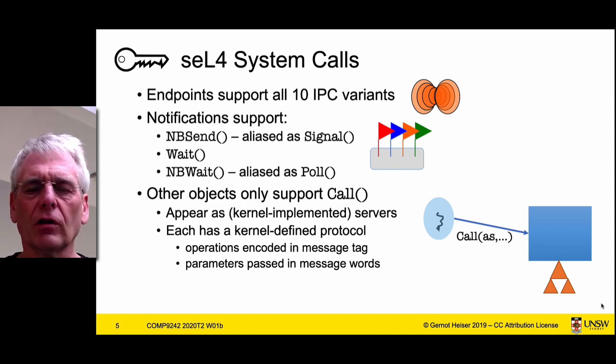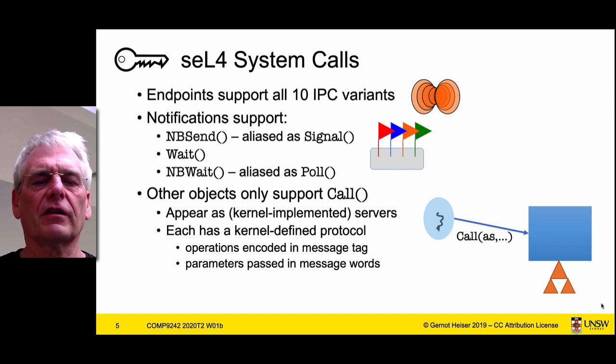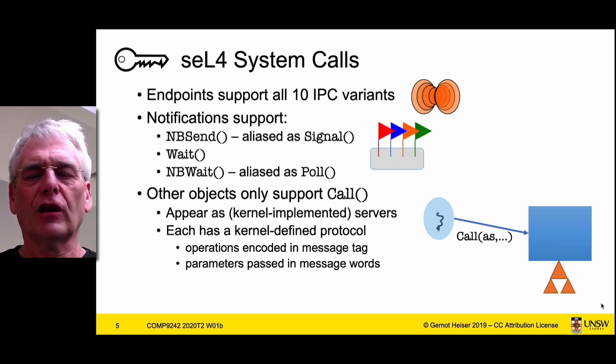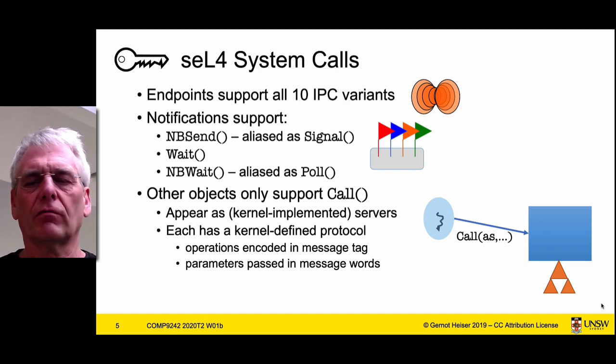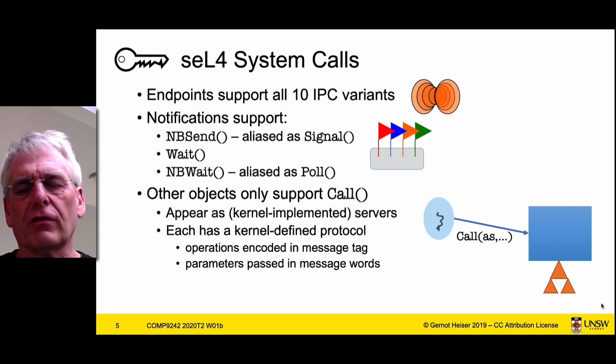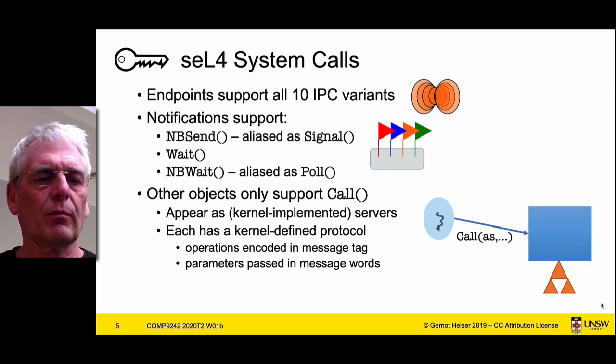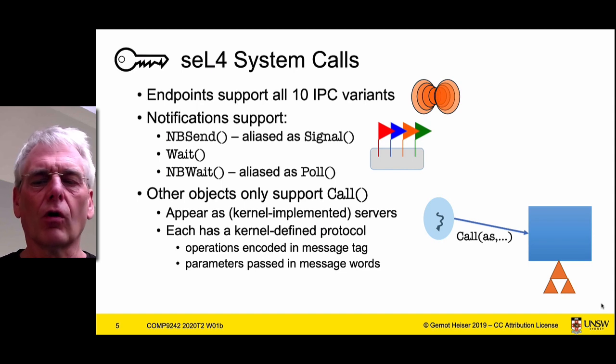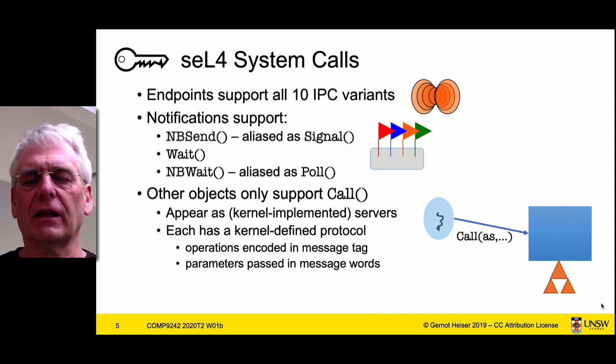So the model is, if you invoke a method on an object, this is done by treating the object as a kernel-implemented server, and you invoke it with a call operation just as you do a normal server invocation. And each of these kernel objects has a different kernel-defined protocol for communicating with these objects.